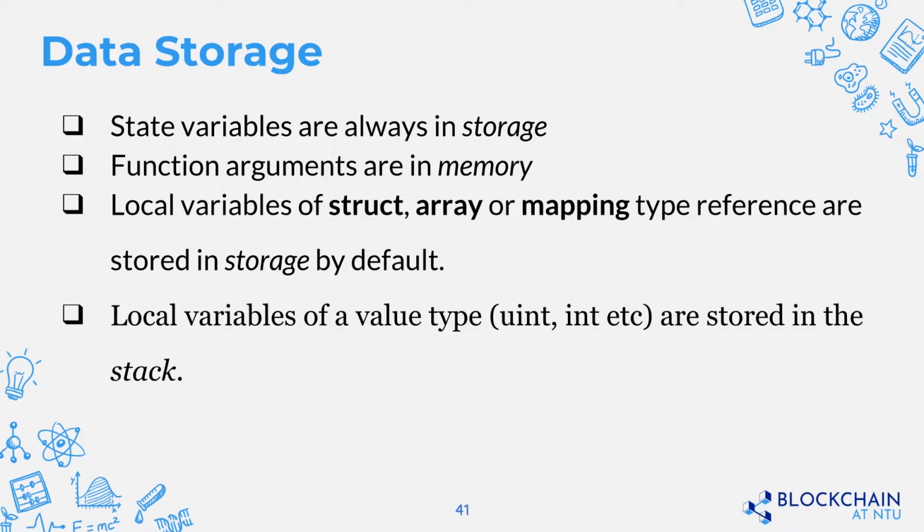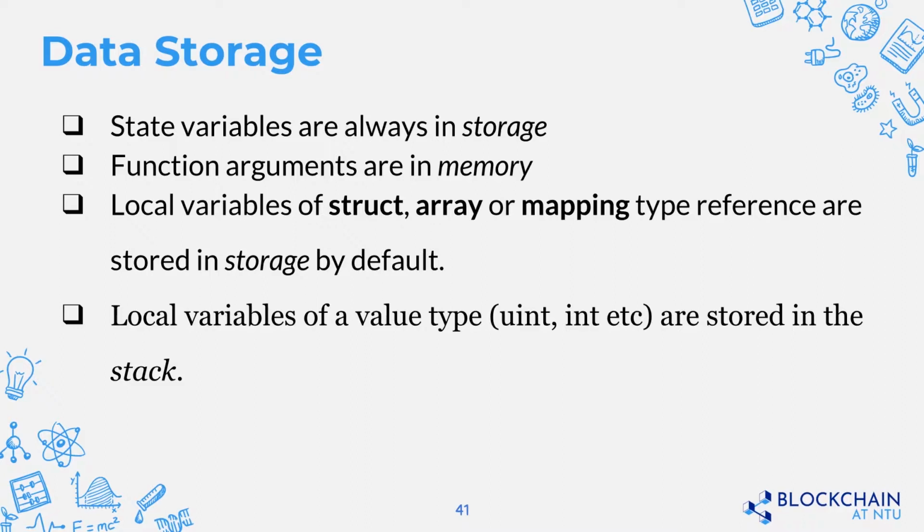The other thing is when you're calling a function, usually you're providing some parameters to that function, and those parameters will be put on the stack. And there's an upper limit on how many parameters you can put on a stack, which is 16. So any function you write should not have more than 16 inputs.